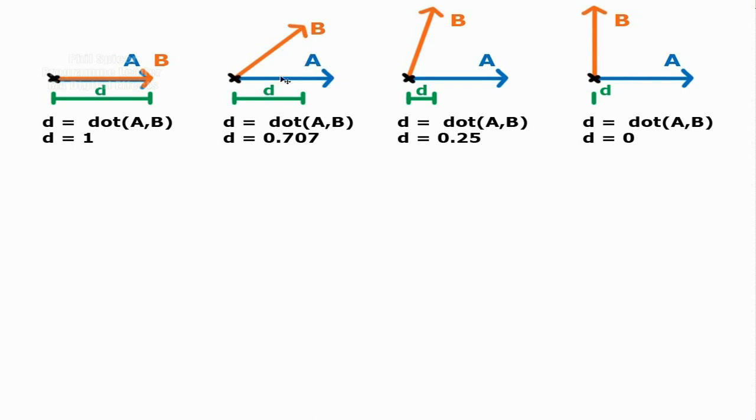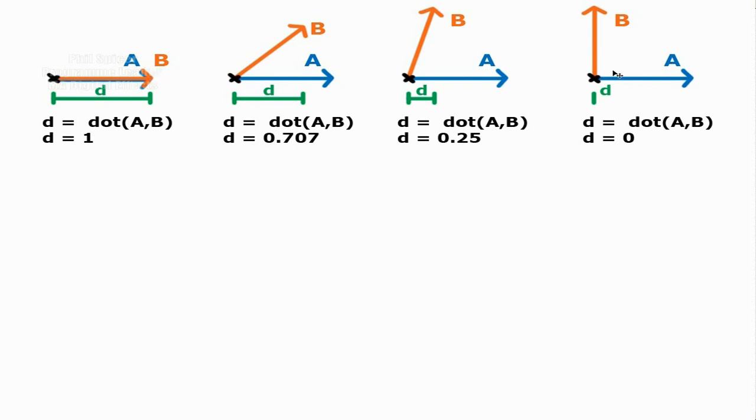If the result that is returned is normalized, it will be between 1 and 0. 1 means they are completely overlapping, so when vector A is projected on vector B, it takes up vector B entirely, and it will return 1.